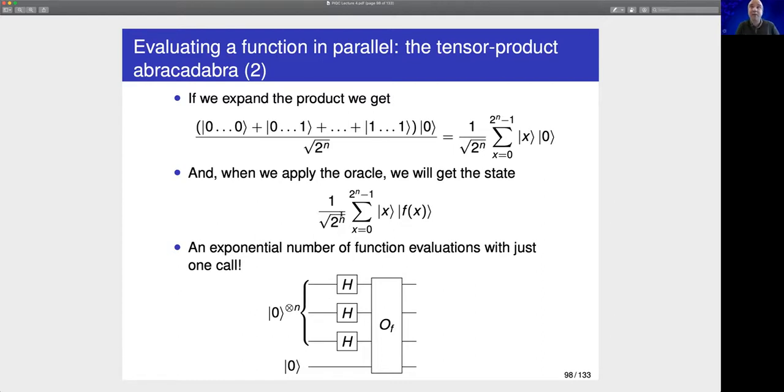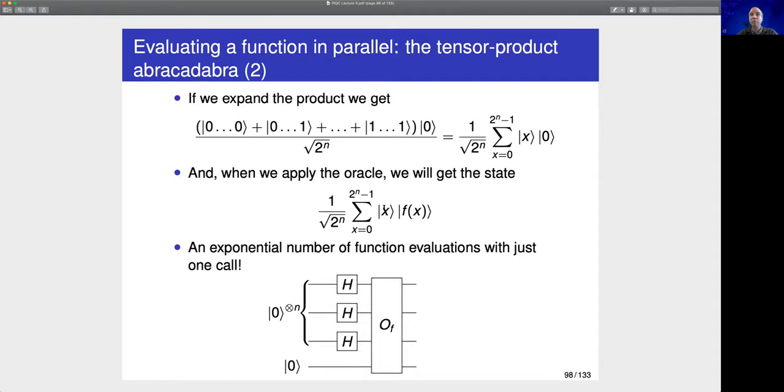Now, if we apply the oracle again by linearity, what we obtain is that in this qubit, which someone from the Zoom meeting, Bogdan Pulpescu, thank you, tells me is called an ancillary or auxiliary qubit, we obtain the evaluation of f on x.